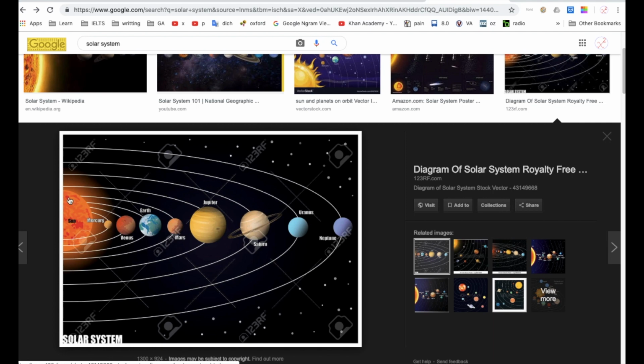It is the sun and many planets: Mercury, Venus, the Earth, Mars, Jupiter, Saturn, Uranus, and Neptune. So these are planets, and they belong to the solar system.